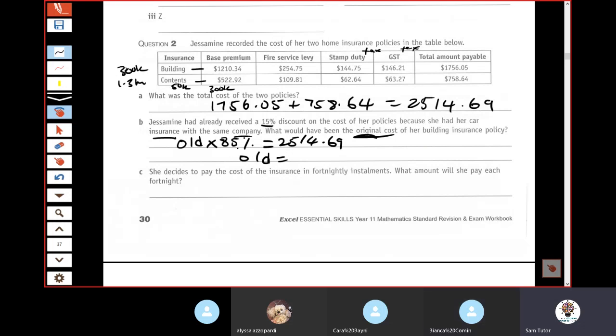Old, you're going to divide it. And then you're done. 2958.46. That was the original amount, and then she received a 15% discount, which became 2514.69. Okay.